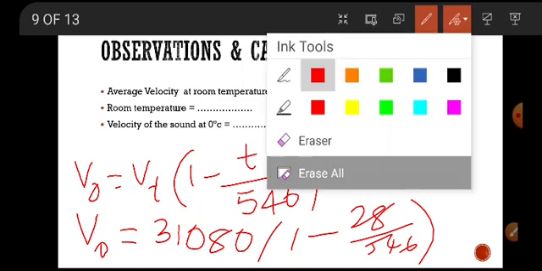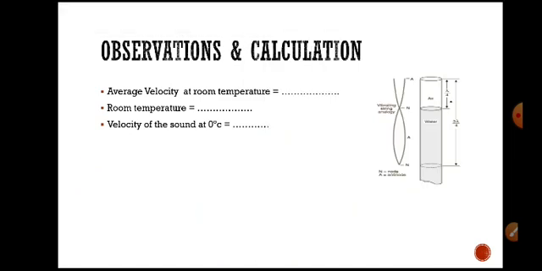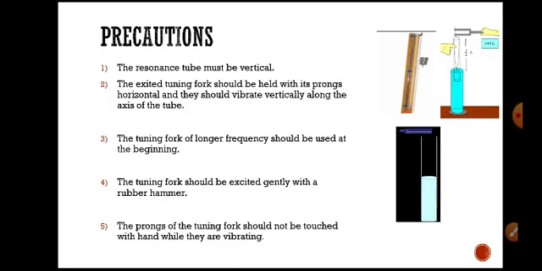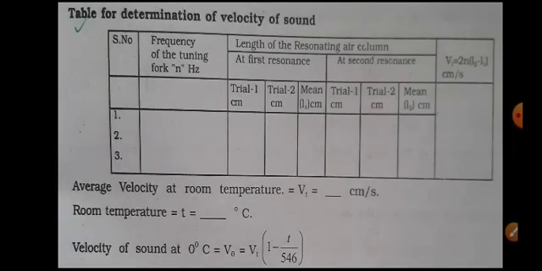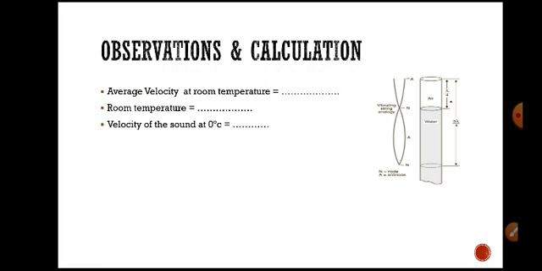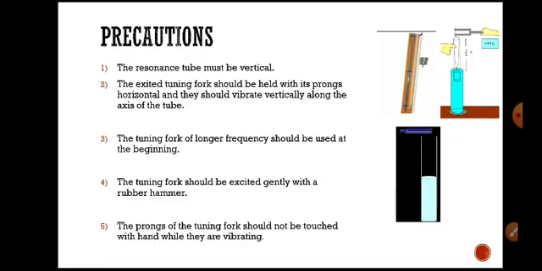That value is the velocity of sound in air at 0 degrees Celsius. So these are the observations, and in tabular form you have to note the readings, and you must take the precautions.